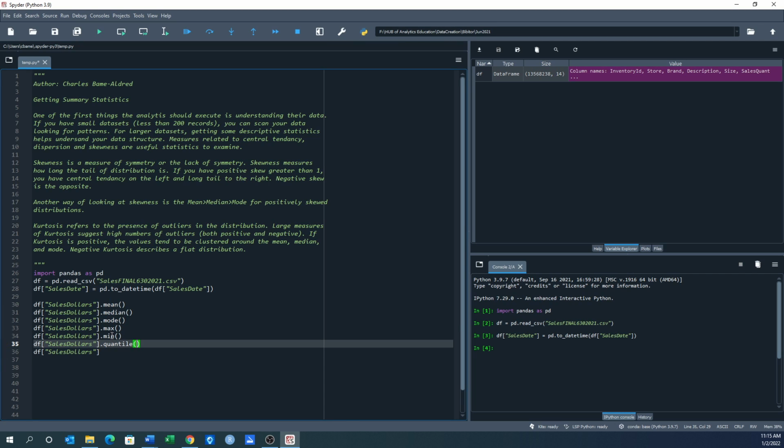Here I'm going to define it as 0.25 and 0.75. It's basically giving me my interquartile range. And I could change this to 0.1, 0.2, I can do all of those things if I wanted to. And then here, let's do skew. All right, let's put in another one. Let's do .kurtosis.